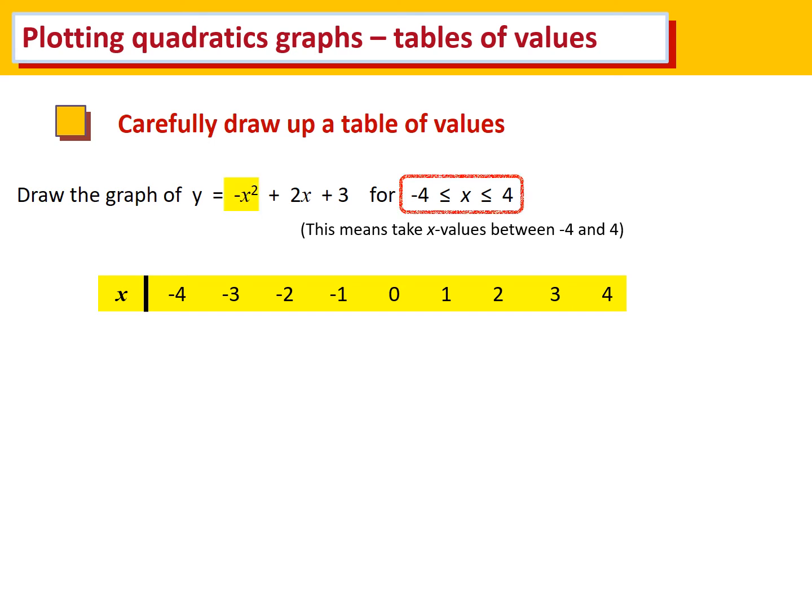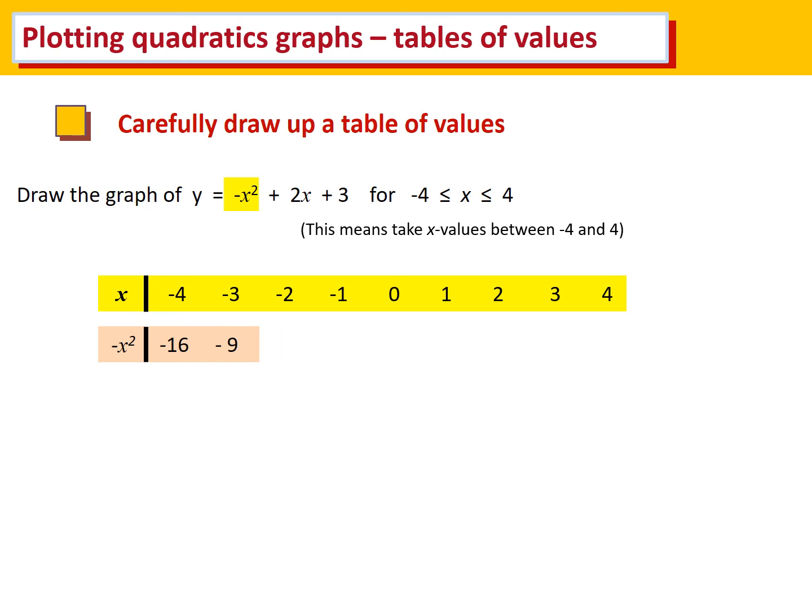Now, with negative x squared, just be careful. That means we square x first and then times by negative 1. Therefore, negative 4 squared is positive 16 times by negative 1 gives negative 16. Similarly, negative 3 squared is positive 9, but we're timesing it by negative 1, that's negative 9.